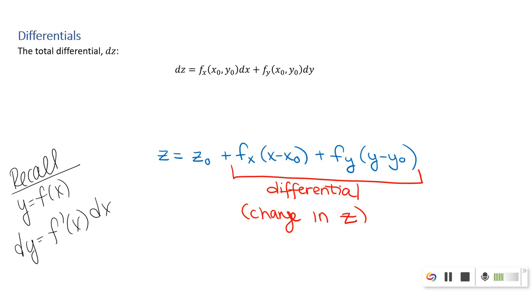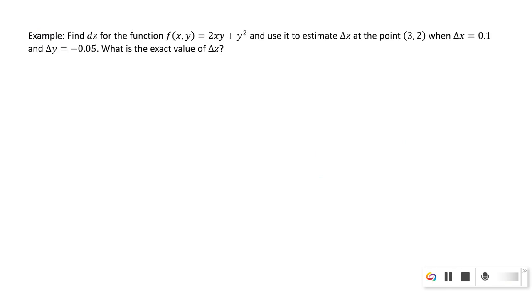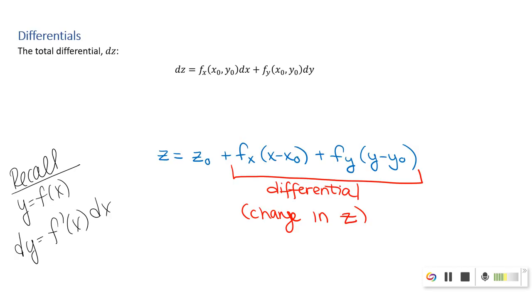So if we consider our equation of that tangent plane, our linear approximation, I have rewritten that formula in blue on the screen. Our equation z = z0, so the z value, plus some derivative times change in x, plus derivative times change in y. The part that I have circled in red is known as our differential dz. It really is our change in z along this linear approximation, along this tangent plane.